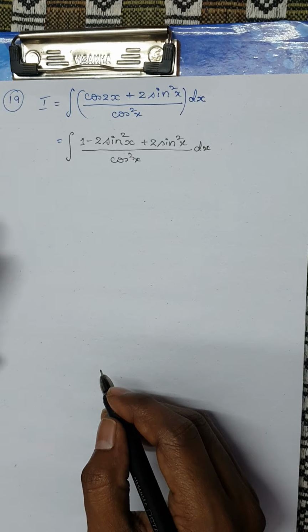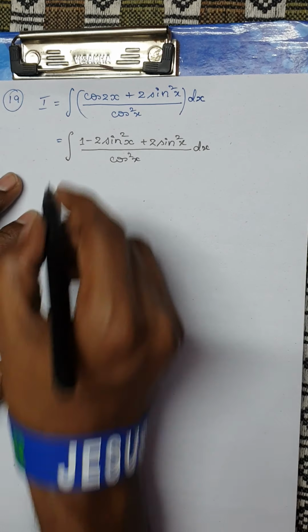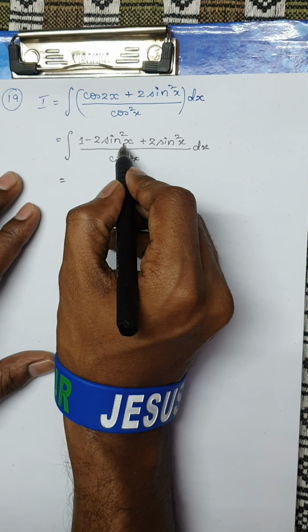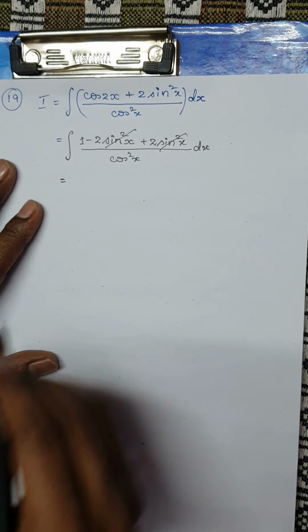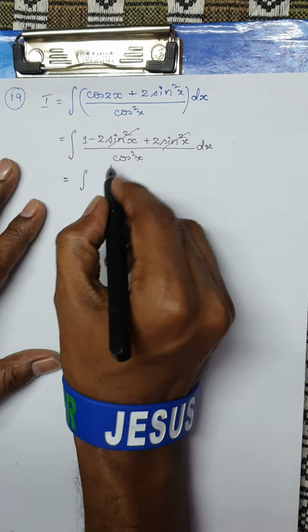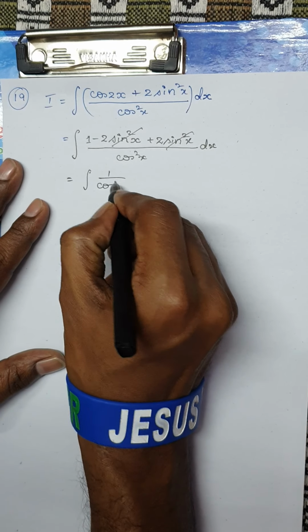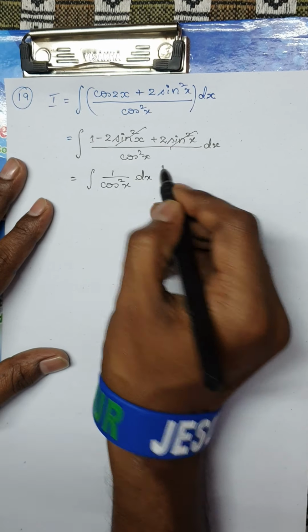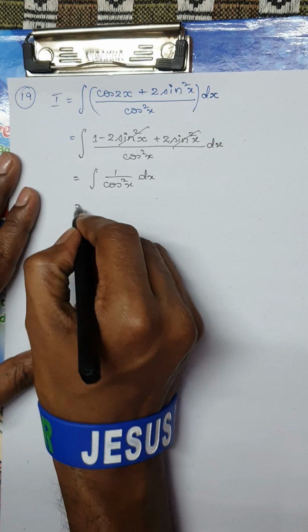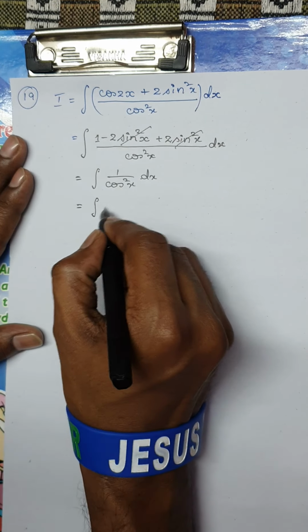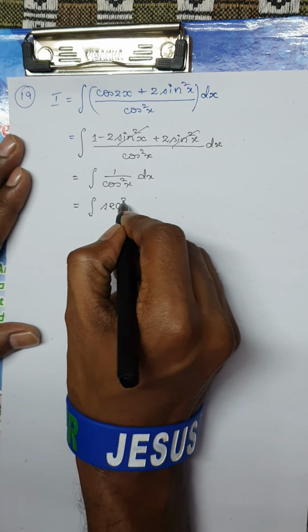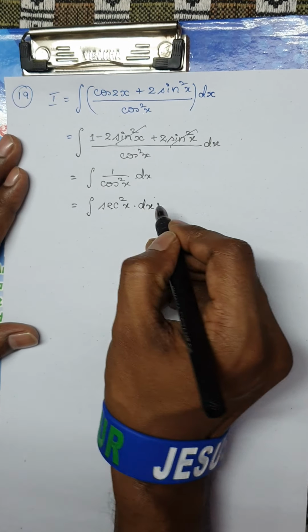See what happens in the next step. Now you can look at it clearly. I have 2 sin square x with negative and 2 sin square x with positive. Both the terms will get cancelled. I am just left over with 1 divided by cos square x dx. We know 1 by cos square is nothing but secant square x dx.